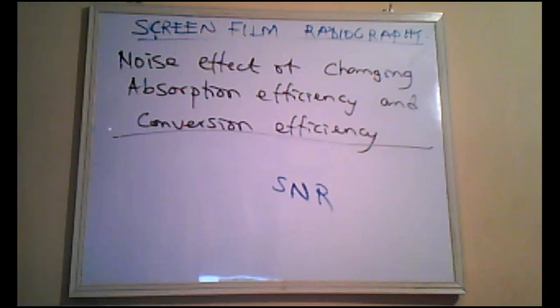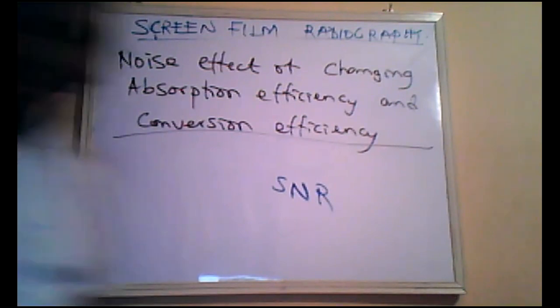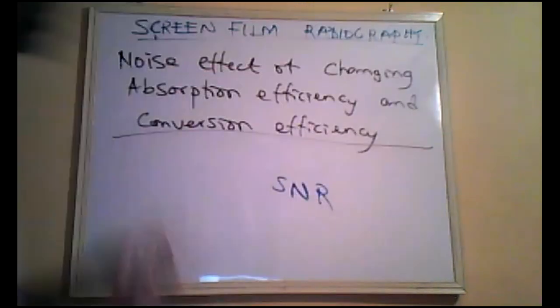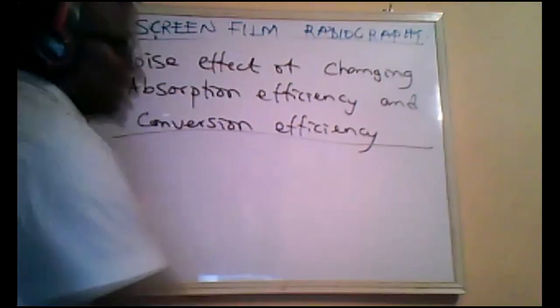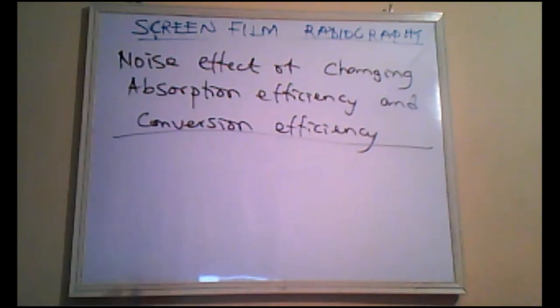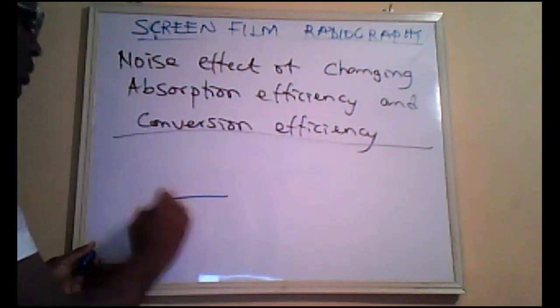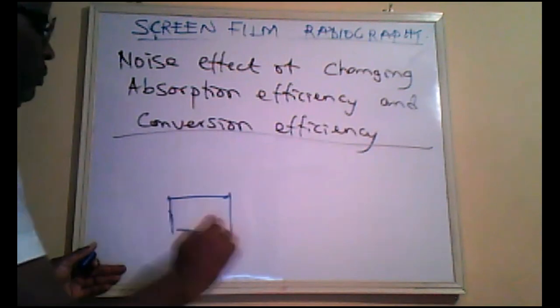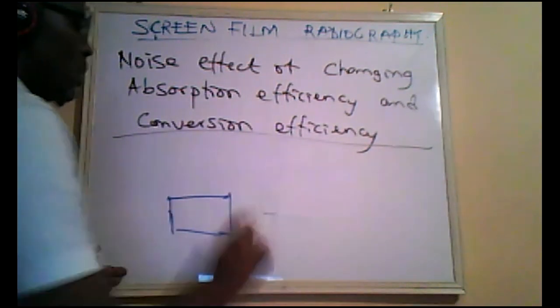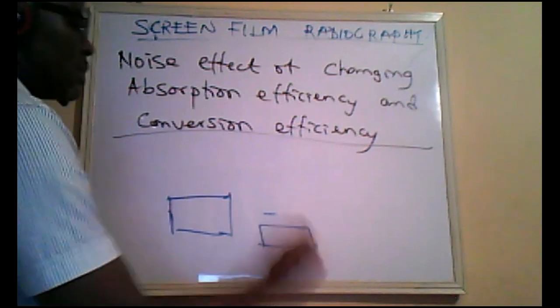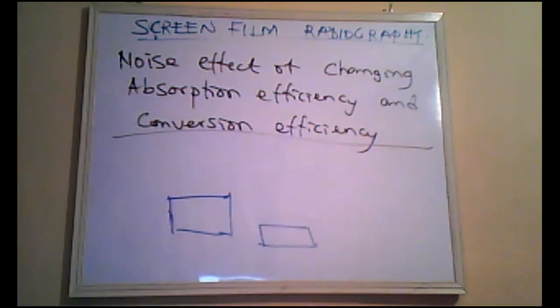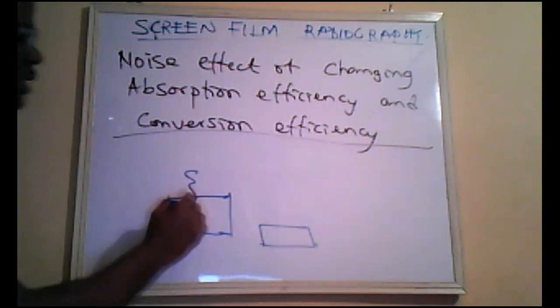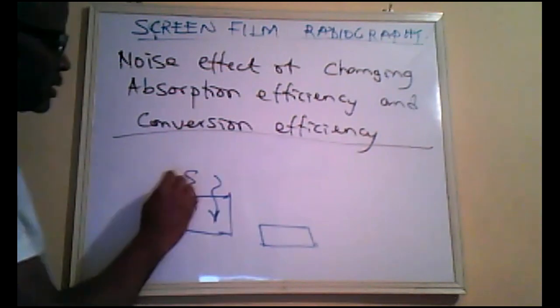So what is the effect of changing the absorption efficiency vis-a-vis changing the conversion efficiency? Like we have told before, absorption efficiency has a lot to do with the thickness of the film. How much X-ray quanta can be converted?